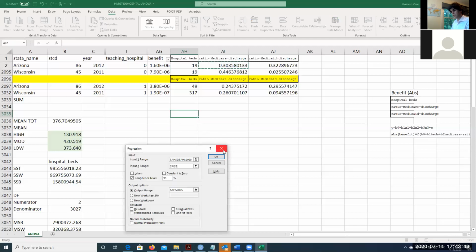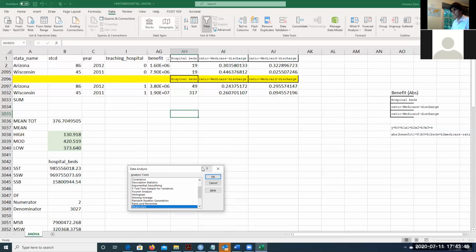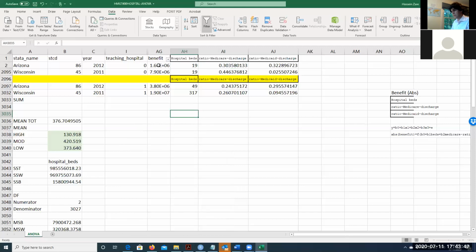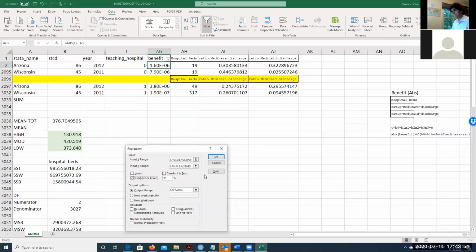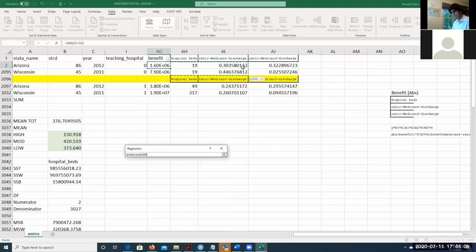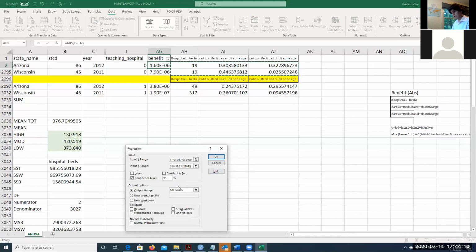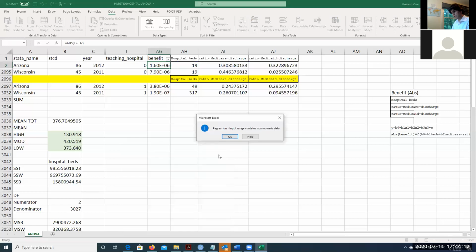Oh, sorry, mistake. Next, I should go with benefit. Regression. I'm using this. I believe you can include the first line. If it didn't work, there's some missing in this data. We have to fix this.